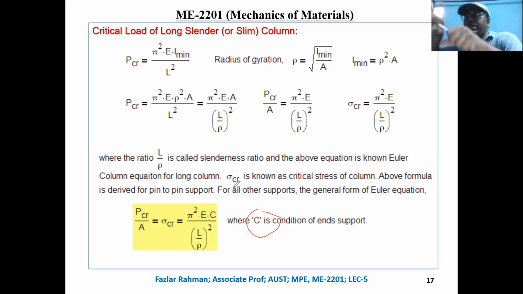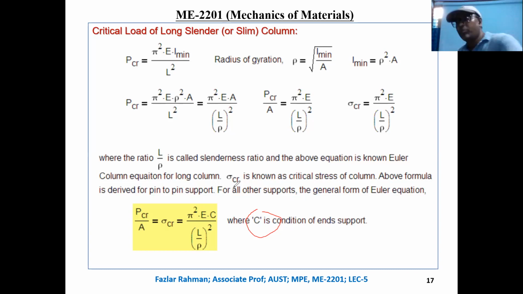So if both ends are fixed, then on that column you can apply more compressive load. If, like that, one end at the bottom is fixed and the upper is free, then it will carry less load. If you apply load, immediately it will bend this way or this way or this way.